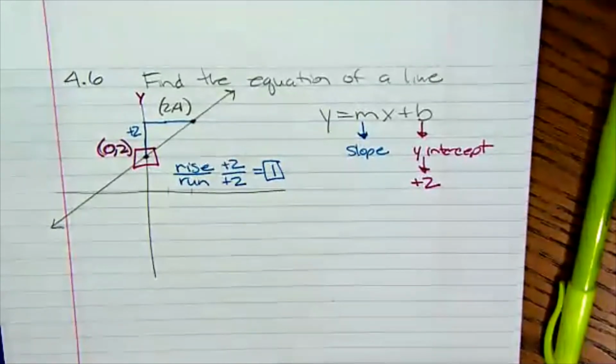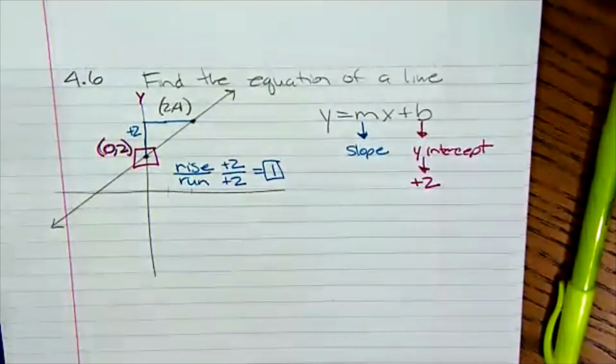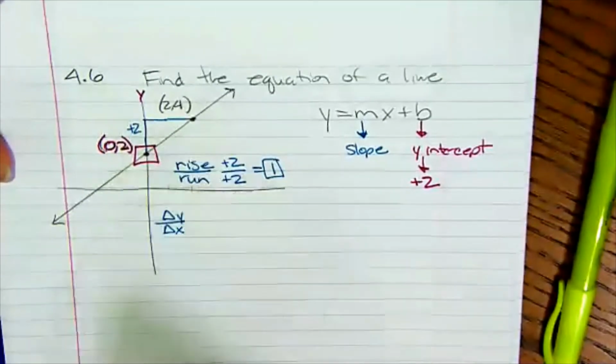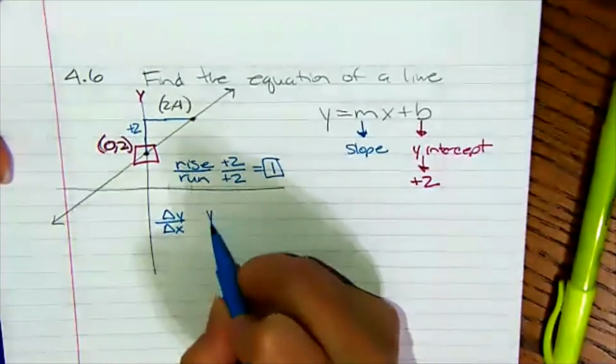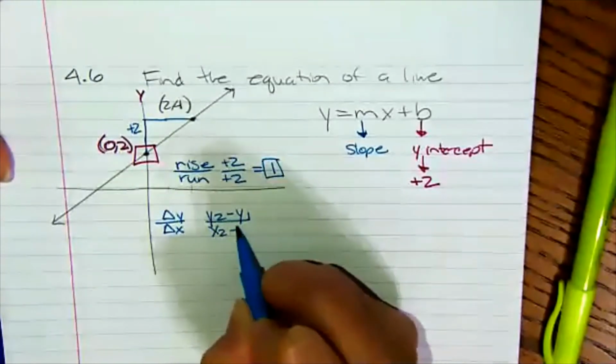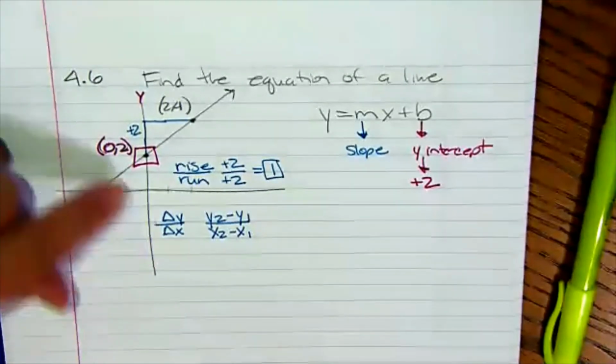Now, sometimes trying to find slope on a graph can be confusing, so we can always use the formula as well. Change in y over change in x, y2 minus y1 over x2 minus x1.